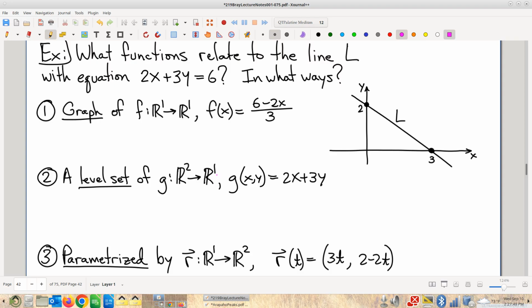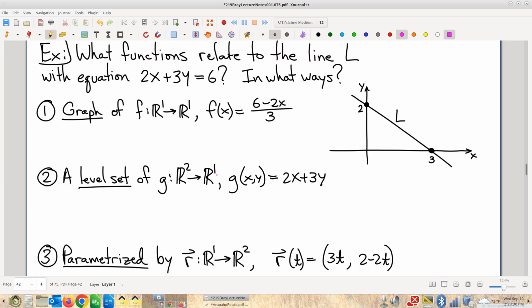The point to questions like this, why am I making a big deal out of all of this, is because it's really, really important to make the proper distinctions between graphs and level sets and parameterizations so that we don't, again, accidentally apply the wrong tools to the wrong constructions and get garbage, right? So the whole point to all of this is correct, strict, proper interpretation and use of the terminology. Right? So let me show you a couple of catastrophes that I've seen.